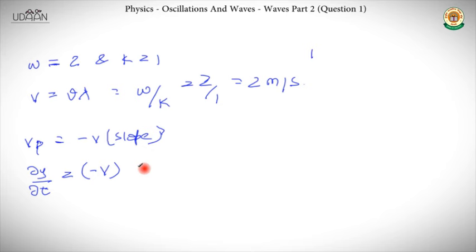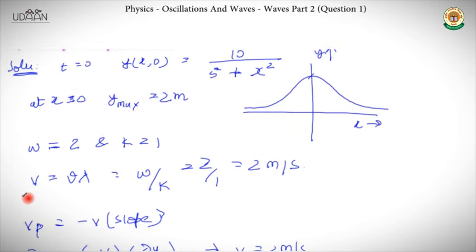This is the unknown. We know the function y, so you can partially differentiate with respect to t and then with respect to x and then divide. So you get again V as 2 meters per second. So this is the analytically correct way of doing it, but the shortcut is this.